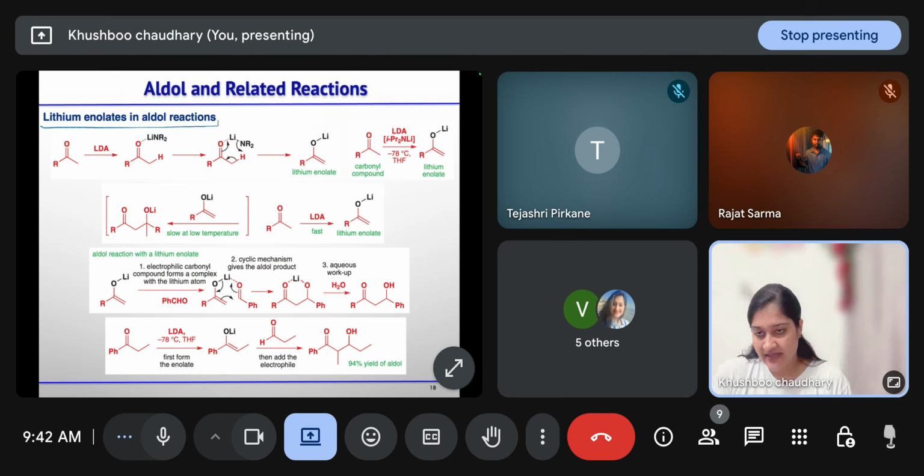So we have this enolizable carbonyl compound, and we are treating it with LDA, lithium diisopropylamide. Because of the presence of these bulky isopropyl groups, it is a bulky base. So whenever you have LDA in your reaction, you should keep in mind that it is a bulky base, so it will abstract a proton from the less hindered site.